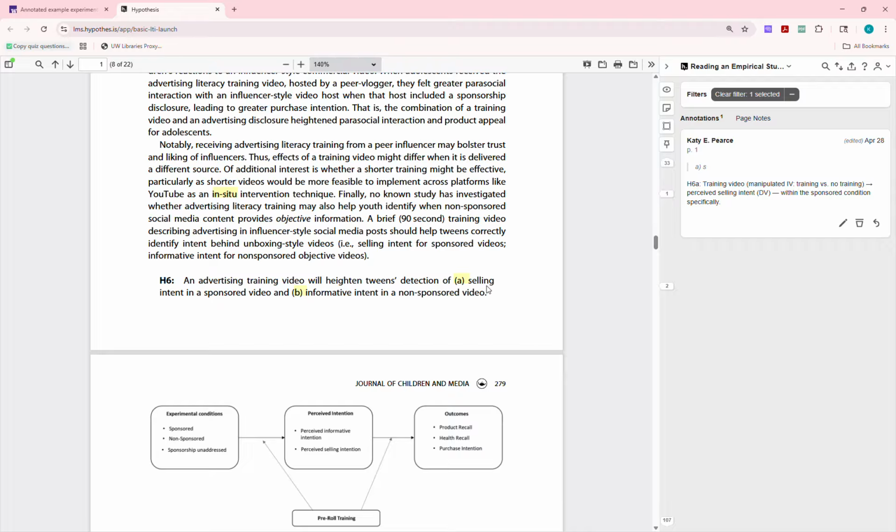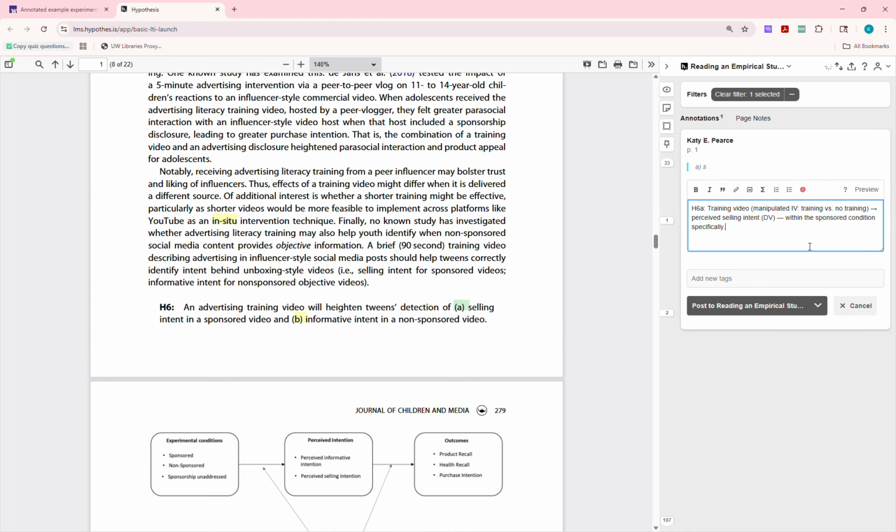Okay, so they're saying that if the kids who saw the training video and then they also received a sponsored video where the sponsorship was disclosed, they're going to have even more selling intent. This is an interaction effect. I'm going to add this in the notes.